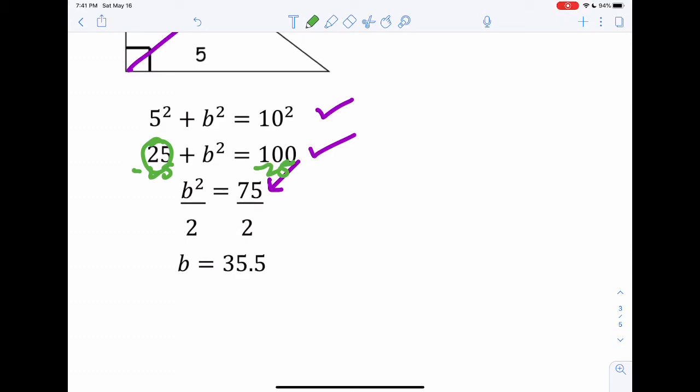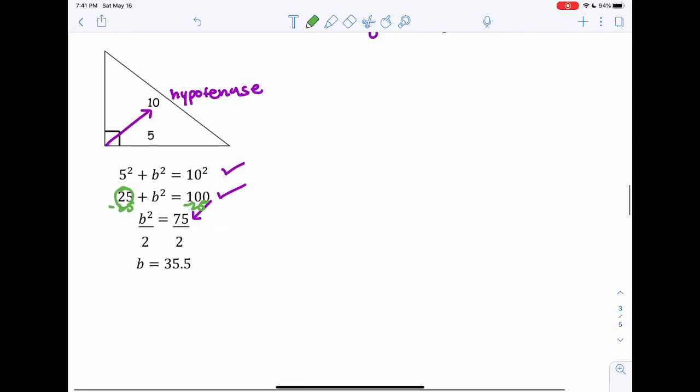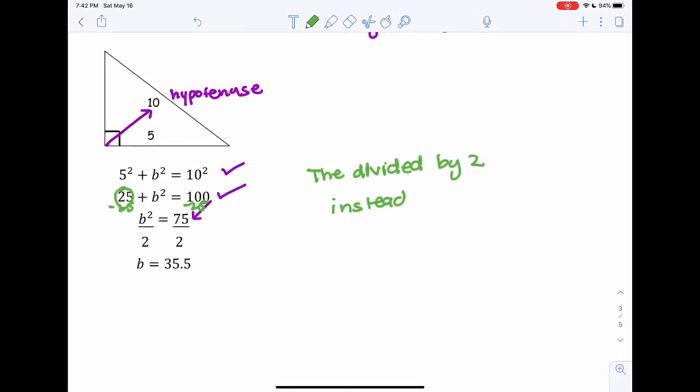Do I get rid of a square by dividing? No, I do not do that. So that's their mistake. So their mistake is they divided by 2 instead of taking the square root.